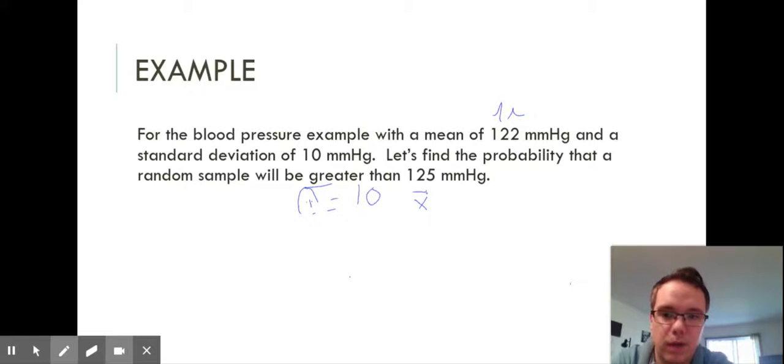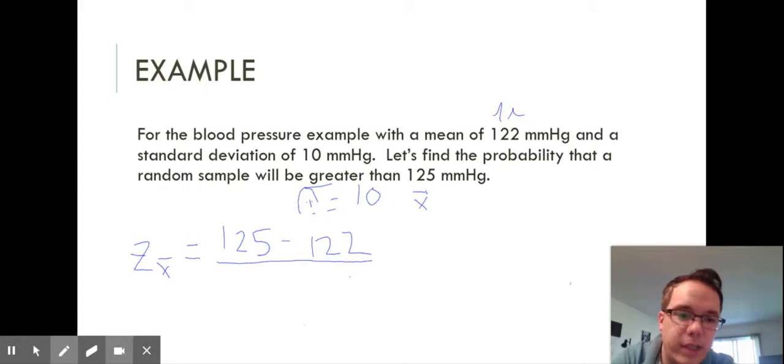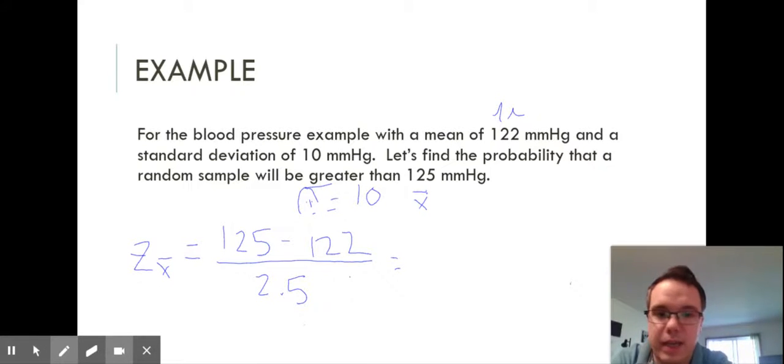First thing we need to do is find our z-score. We're going to take our mean 125 minus our mu 122, and this time instead of putting it over the standard deviation, we found the standard error, so our standard error here is 2.5. If you do your math there, your z-score is 1.20.